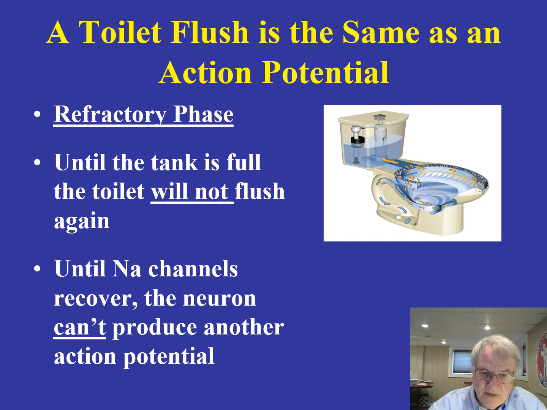In these refractory phases, until sodium channels recover, the neuron can't produce another action potential. So you have this refractory period where nothing can really happen, even if you have a very, very strong stimulus. Now, we're going to talk about 2 phases of that refractory period, but for the most part, just consider the fact that this refractory phase is a time in which the neuron can't be fired.